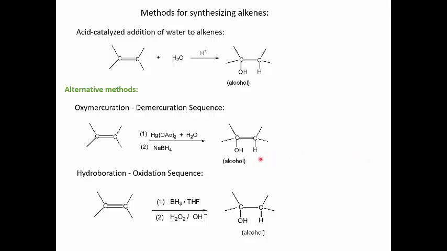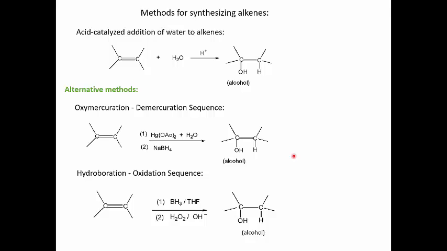The first alternative method is called oxymercuration-demercuration. In this sequence, the first reaction involves the addition of mercury acetate +1 cation acting as an electrophile, with water behaving as a nucleophile to form an organomercury compound.